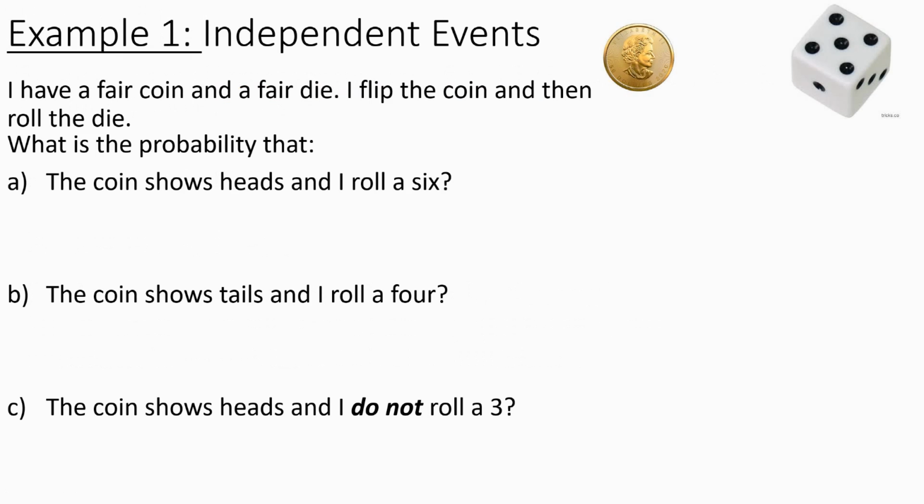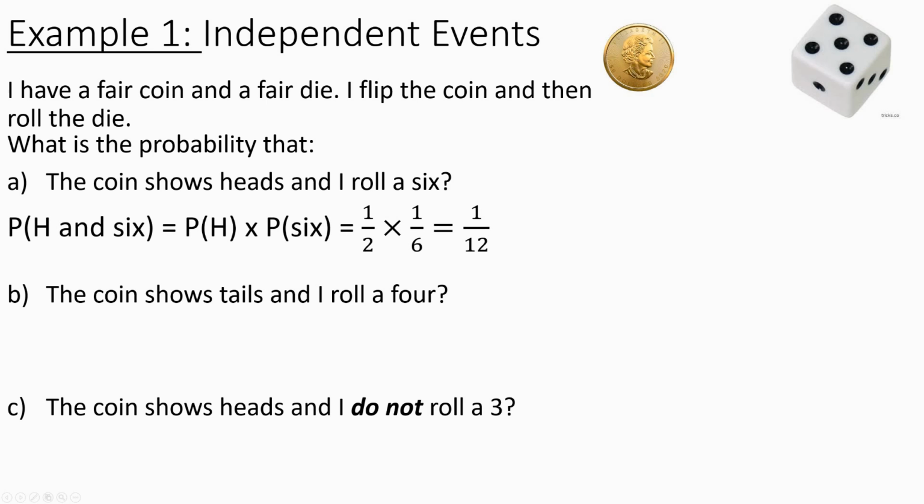Here's an example. So we've got independent events here. I have a fair coin and a fair die. If I flip the coin then roll a die, what is the probability that the coin shows heads and I roll a 6? So I'm going to write my probabilities in words first. I've got probability of H and 6.